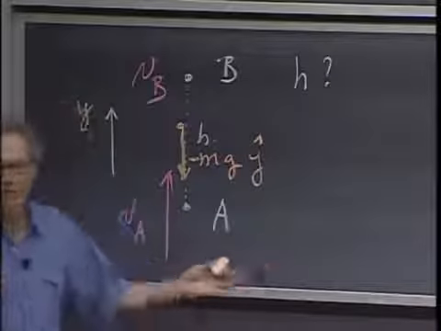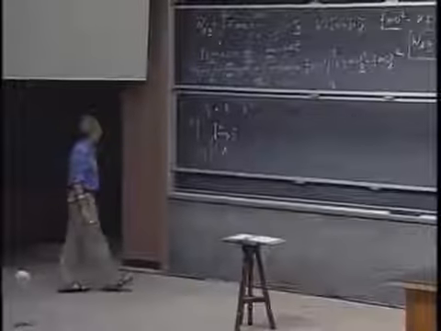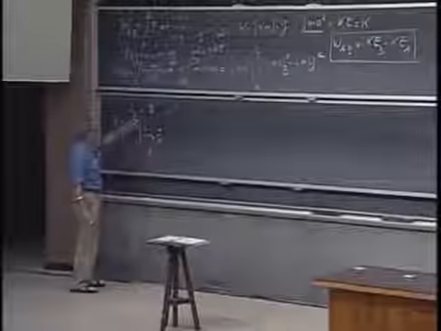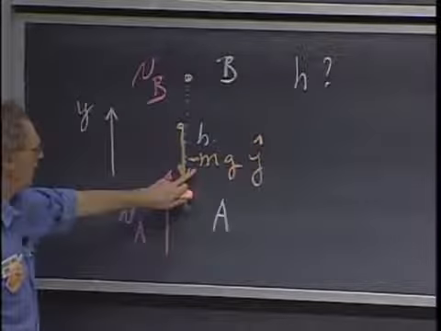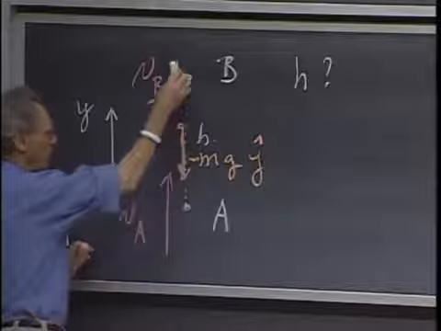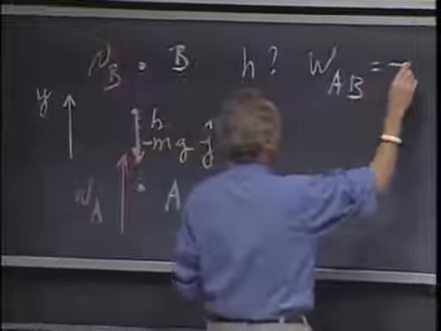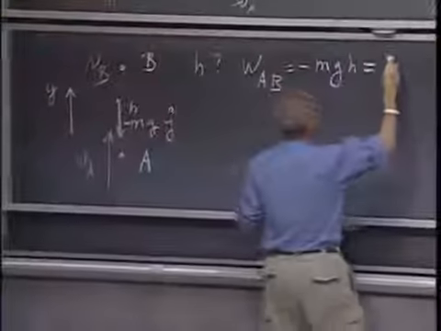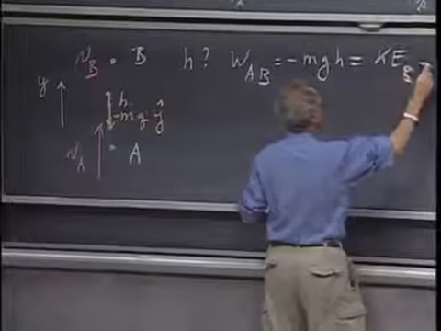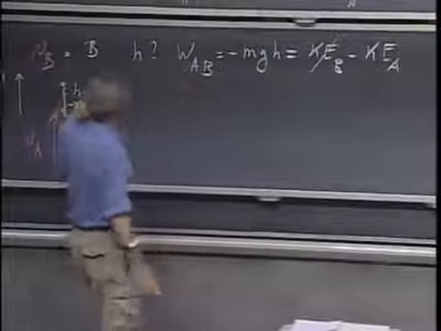We've done that in the past in a different way. Now we will do it purely based on the energy considerations. So I can write down that the work that gravity is doing in going from A to B is clearly negative. The force is in this direction and the motion is in this direction. So the work that gravity is doing in going from A to B equals minus mgh. That must be the kinetic energy at point B minus the kinetic energy at point A. This is 0 because it comes to a halt here.